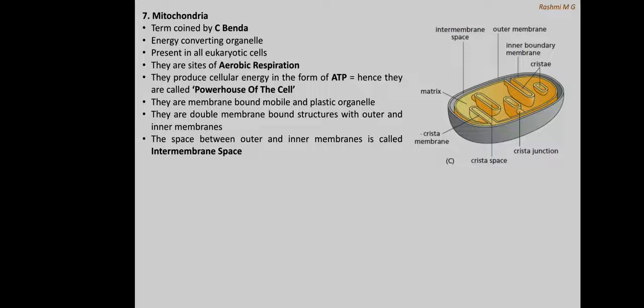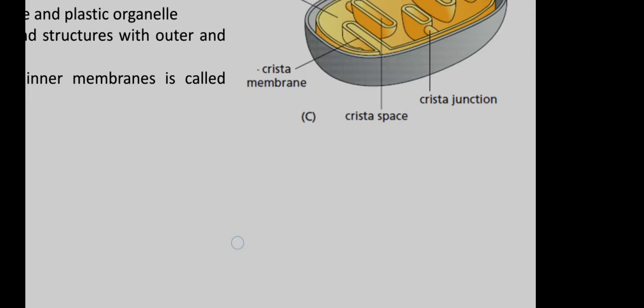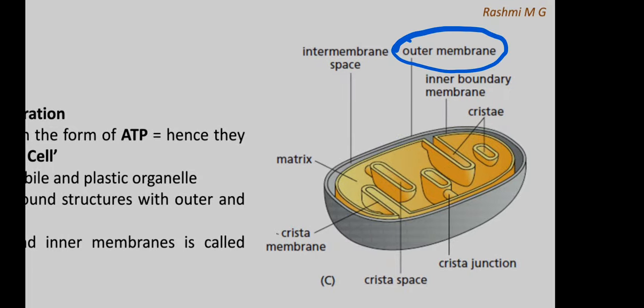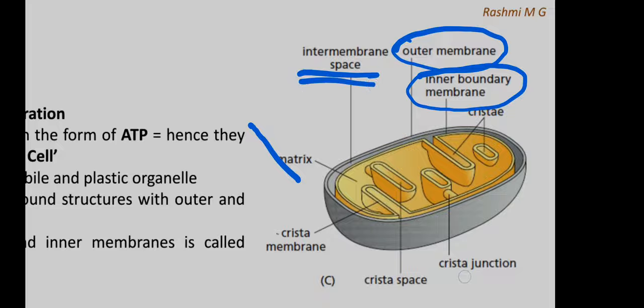They are double membrane bound structures with an outer and inner membrane. You can see in this image there is the outer membrane and the inner membrane. The space between the outer membrane and inner membrane is known as the intermembrane space.